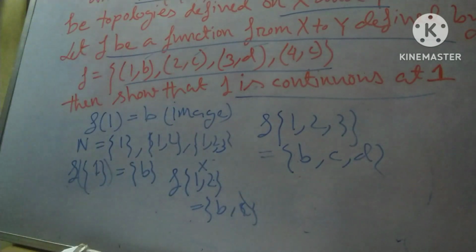This is the image. So f({1, 2, 3}) is equal to {b, c, d}.